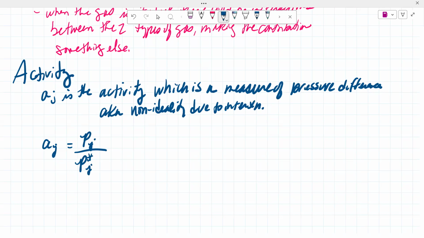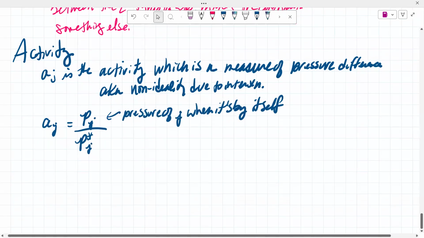This is the pressure of J when it's by itself, and this is the partial pressure of J in solution.